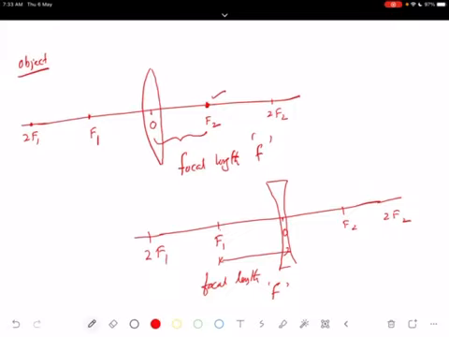So the same way we'll recognize. So before going to see the image formation by these lenses, we are to consider different rays. We require two rays for the image formation. So what are the different rays to be considered for image formation? Okay. For that, next point we are going to discuss.